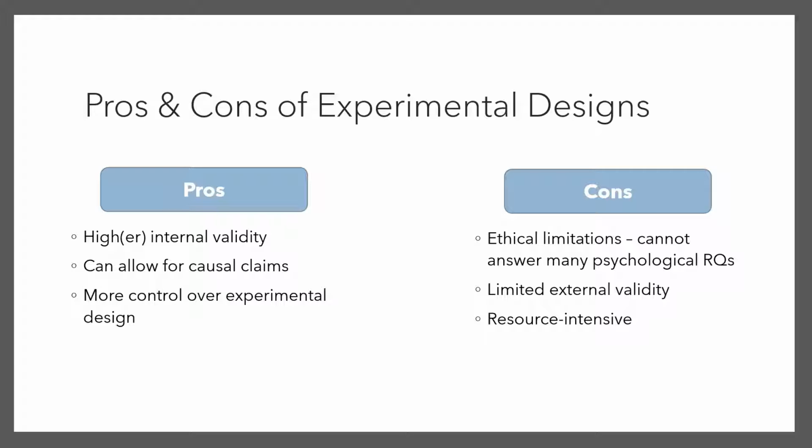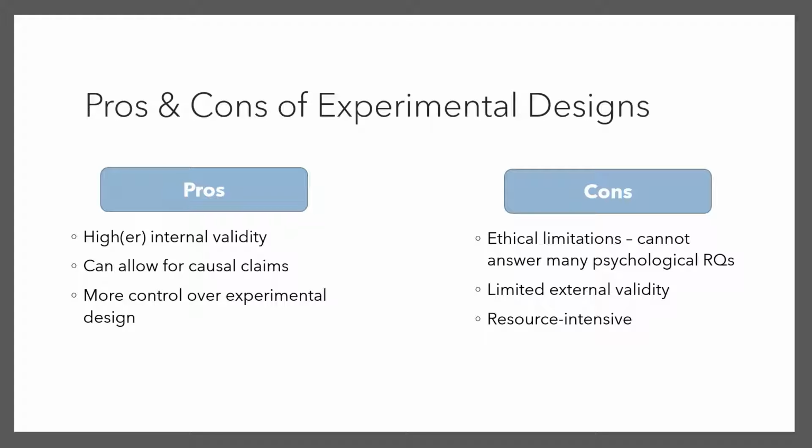So for example, the independent variable caused the change in the dependent variable. You absolutely cannot say this in your report if you're conducting non-experimental research, and even in quasi-experimental research, you generally can't say this either. You also have more control over the experimental design as a pro.